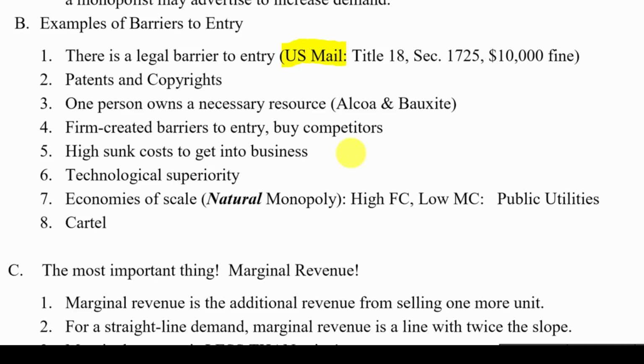An example of this would be, suppose I wanted to start a software company and I wanted to get in there and compete with Microsoft and create a new operating system that was going to be used on computers. What am I going to have to do? Well, I'm going to have to hire thousands of computer programmers, get a lot of buildings, and I'm going to have to invest millions, if not billions of dollars in the software company writing this computer code that's going to be the operating system for computers.